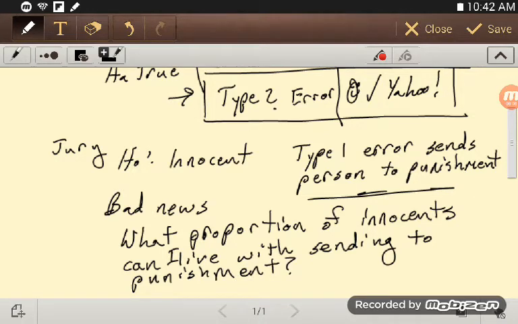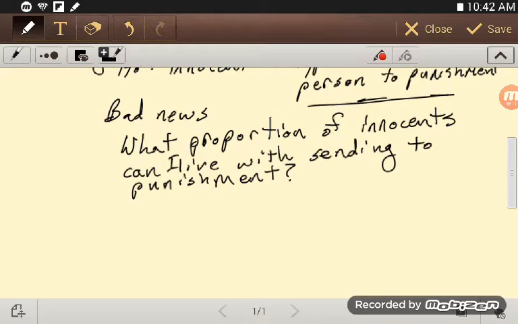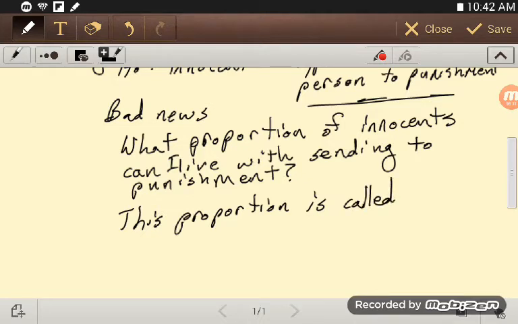Okay, that's a great question. How often can I make a type 1 error? Whatever this proportion is, it is called alpha.